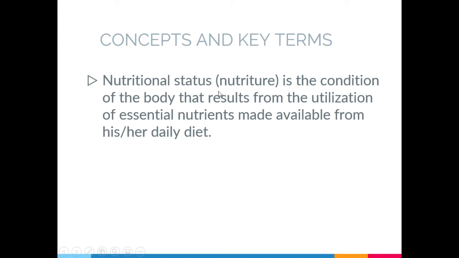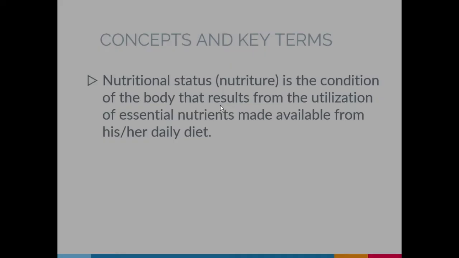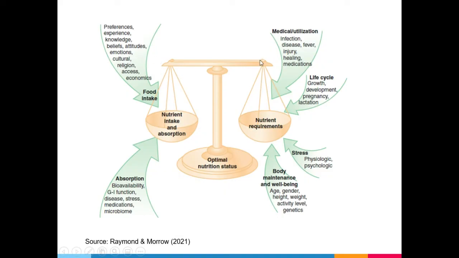So, this is the end result of your intake of foods, and other factors as well, as presented in this figure. In order to attain this balance, which is called optimal nutritional status, you have to have balanced nutrient requirements and nutrient intake and absorption.